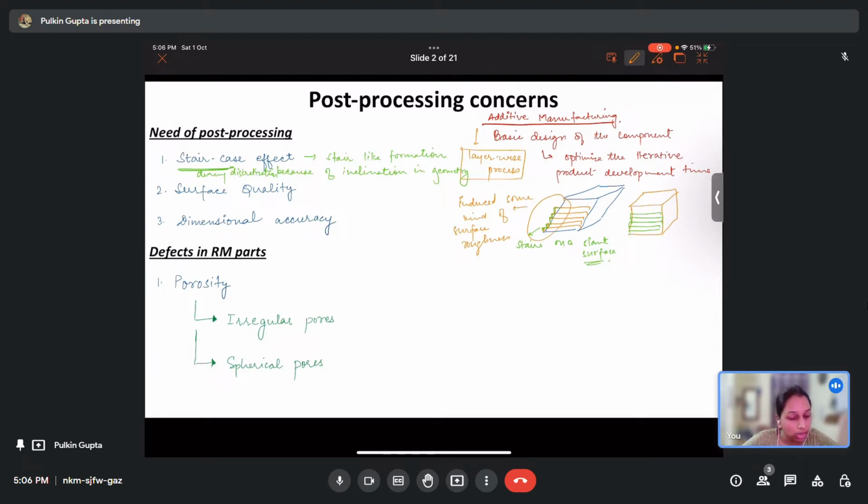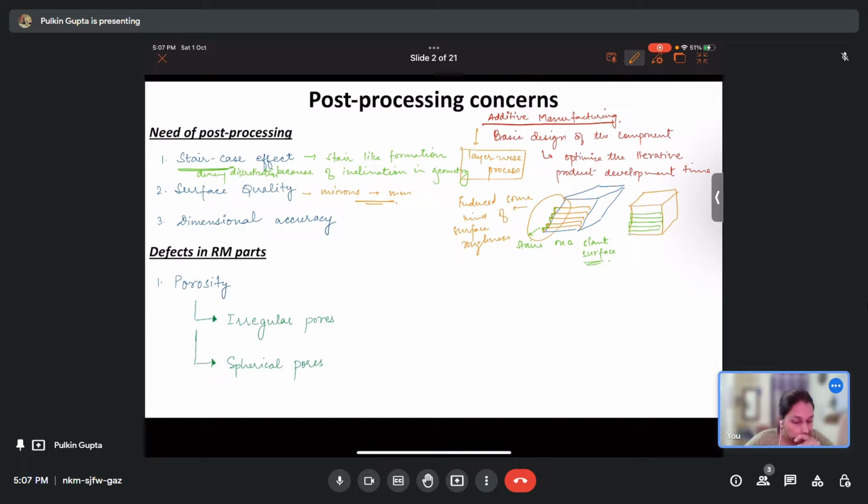surface roughness. Then your surface quality: because of the limitations of the resolution of different additive manufacturing or rapid manufacturing processes, the surface quality is compromised because it varies from microns to some millimeters in some cases. So this needs to be controlled, and this depends on a variety of parameters like the process parameters, different technologies of additive manufacturing, etc. And the third is the dimensional accuracy.